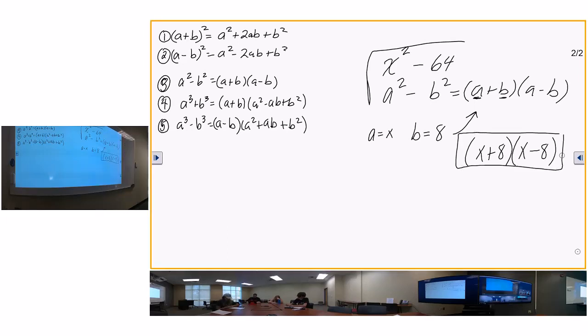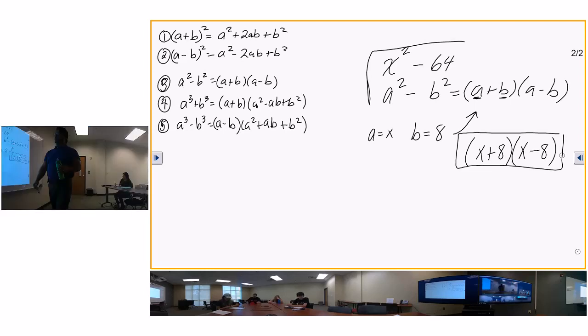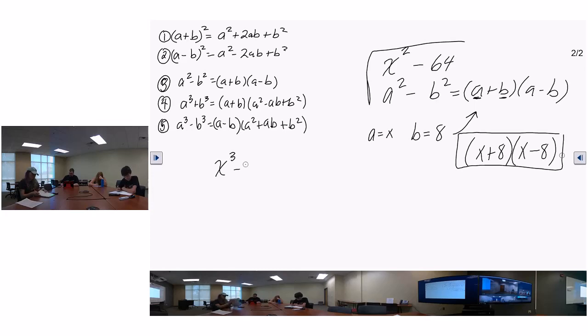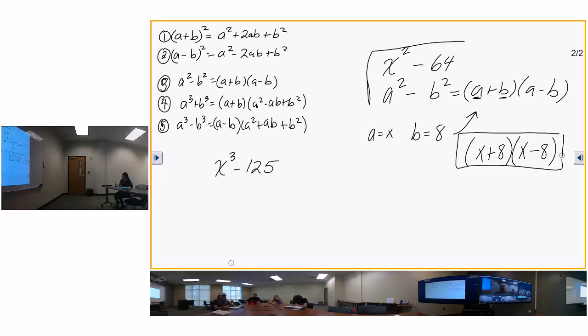All right, now try this one. X cubed minus 125. All right, try that one.